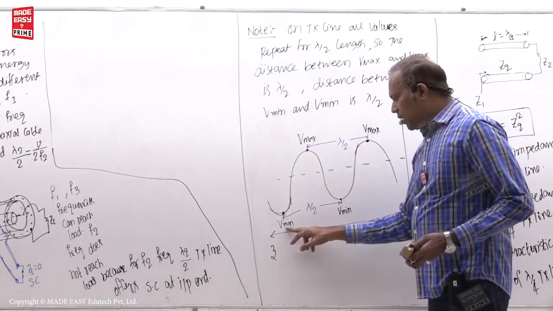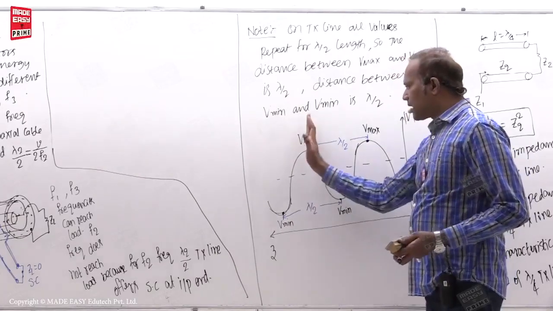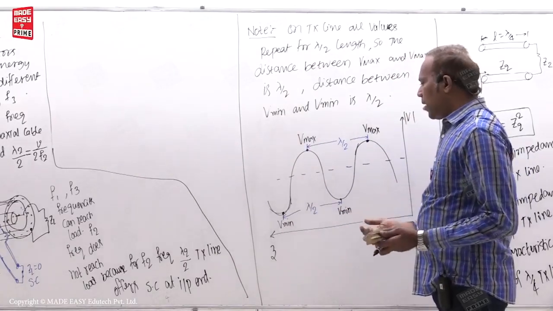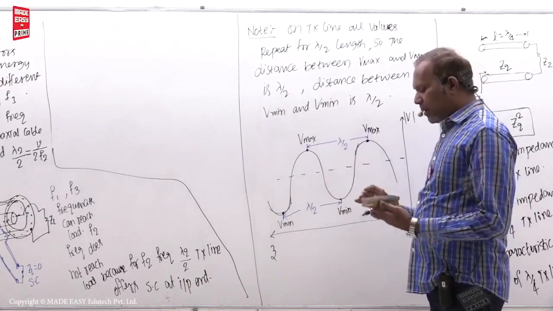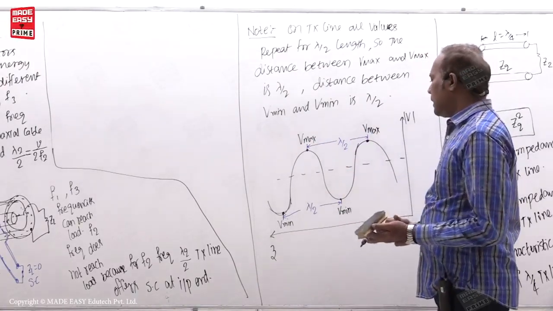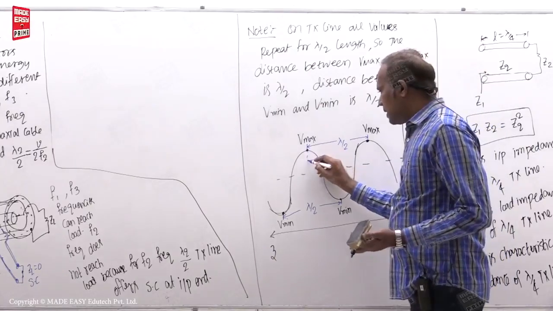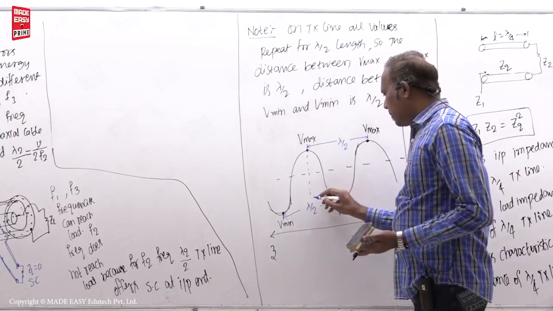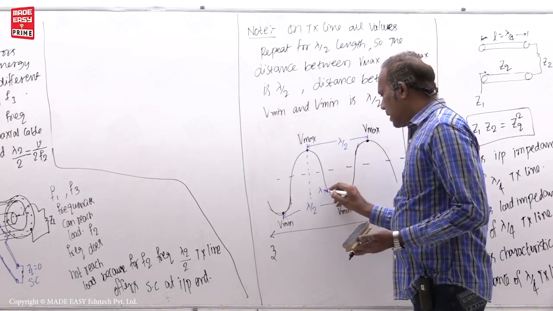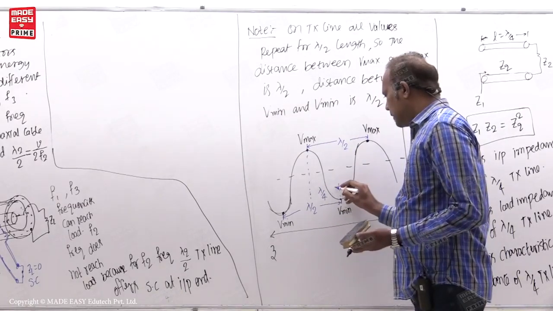Or otherwise, between V minimum and V minimum, V maximum comes. So what is the distance between V maximum and V minimum? Half of lambda by 2, that is lambda by 4. This is V maximum and this is V minimum. This distance is lambda by 4.